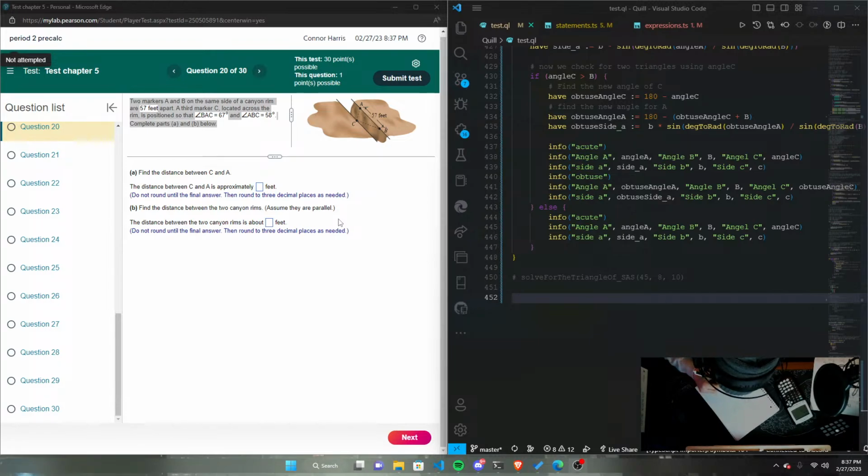So then sine of 58, we don't know b, is equal to sine of c, which is 32, over c, which is 28.5. So then b is equal to 28.5 times sine of 58 divided by the sine of 32.